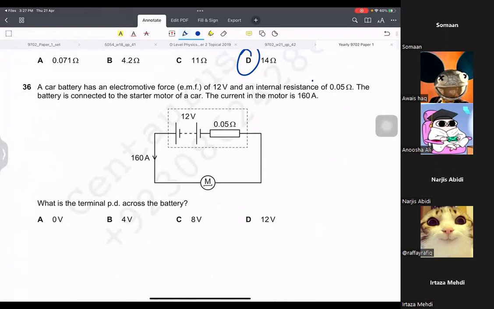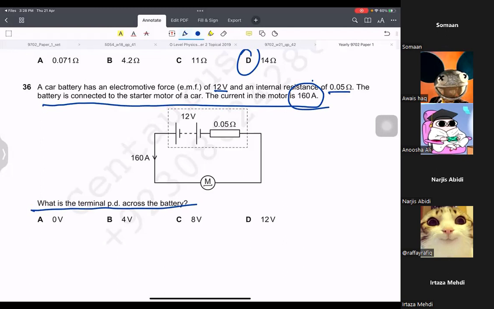Okay, a car battery has an electromotive force of 12 volts and a given internal resistance. The battery is connected to a starter motor. Current is 160 ampere. What is the terminal potential across the battery?